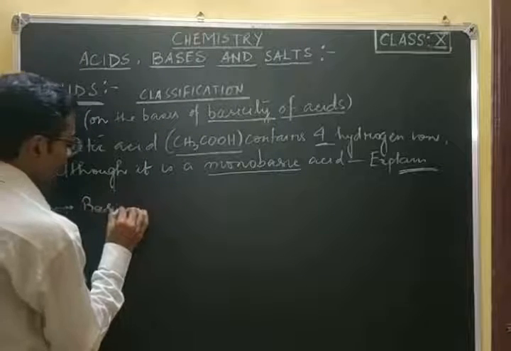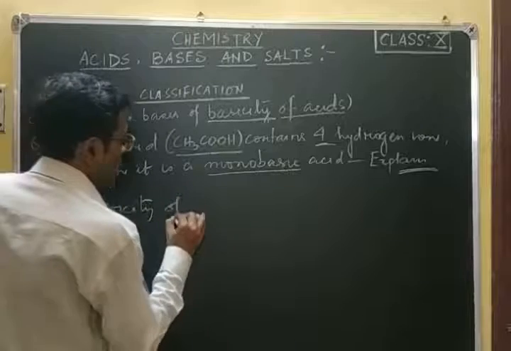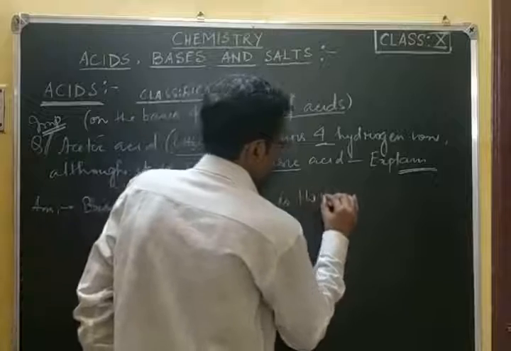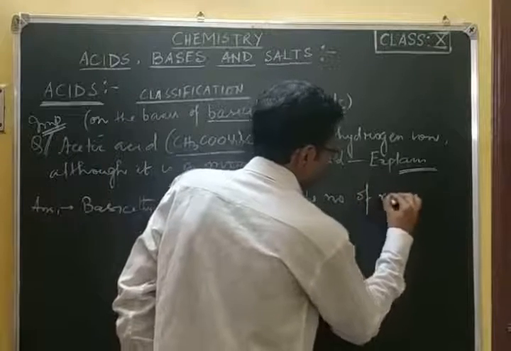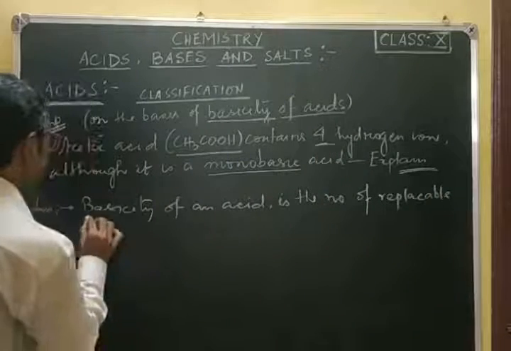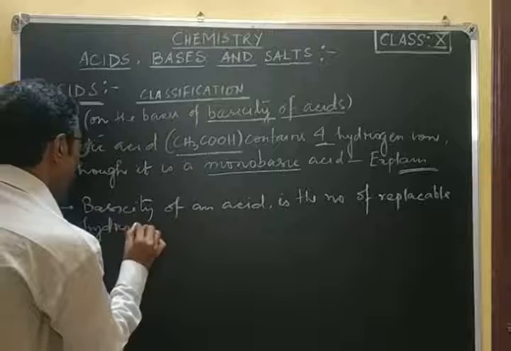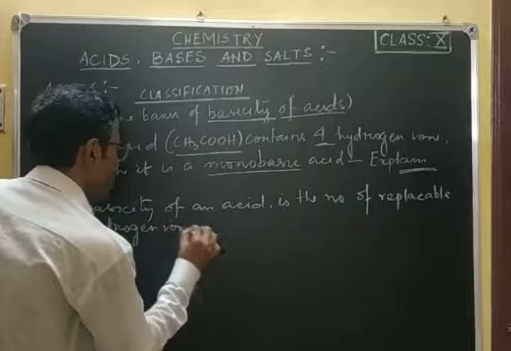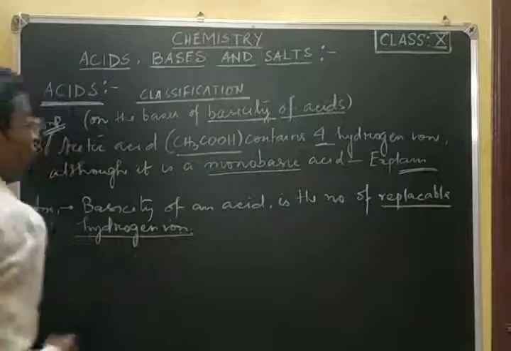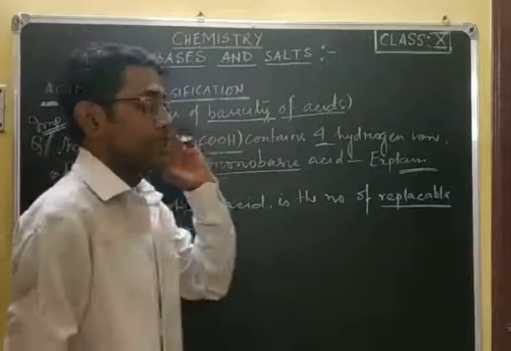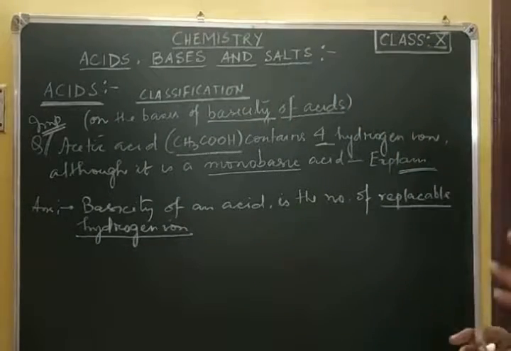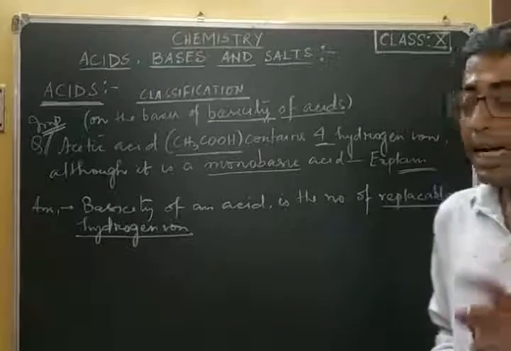Basicity of an acid is the number of replaceable hydrogen ions. So this is the keyword, replaceable hydrogen ion. Although CH3COOH contains 4 hydrogen atoms, in solution it can release only 1 hydrogen ion.